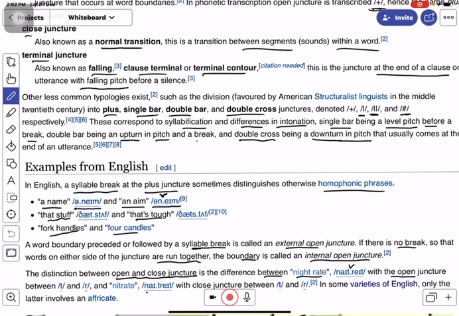So within the word is what can be termed closed juncture, and outside the word, as in night rate, the rate of the night, can be classified as an open juncture.